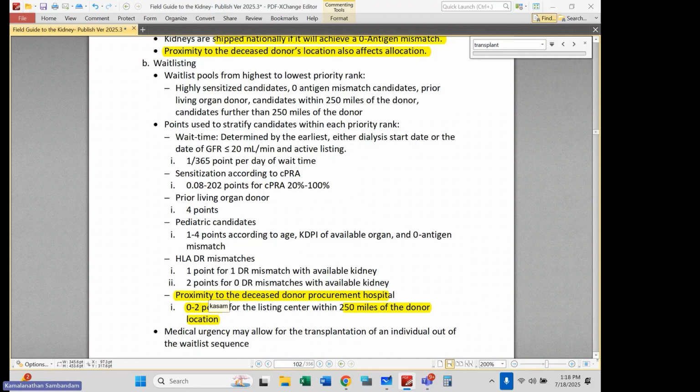Okay, and then, well, it's driven by the wait list points, right? Because we're essentially the same location, so we don't really get proximity points, except theoretically if the donor's in the same hospital, right? But yeah, the main thing that drives whether a kidney goes to Parkland or here is at the top of your wait list, who has the most points.